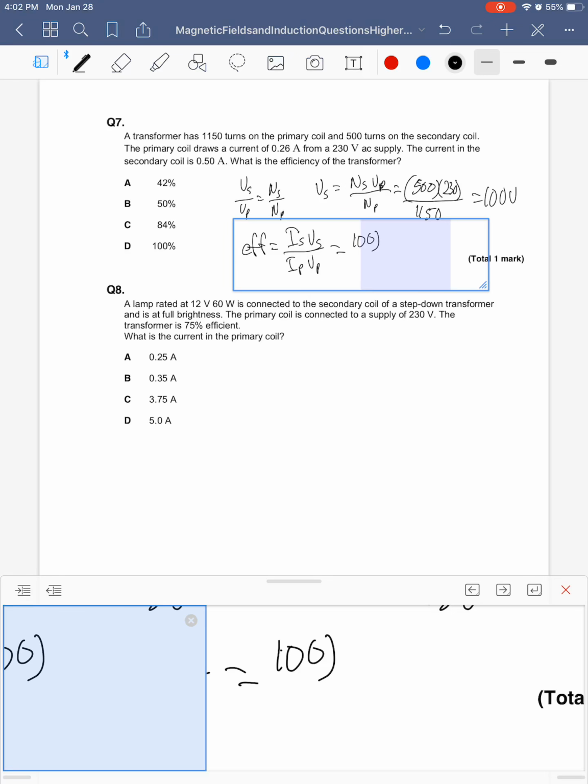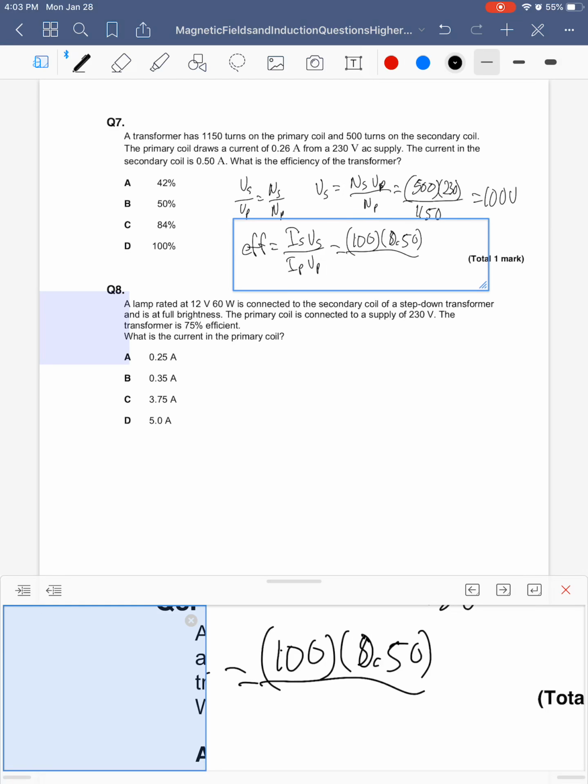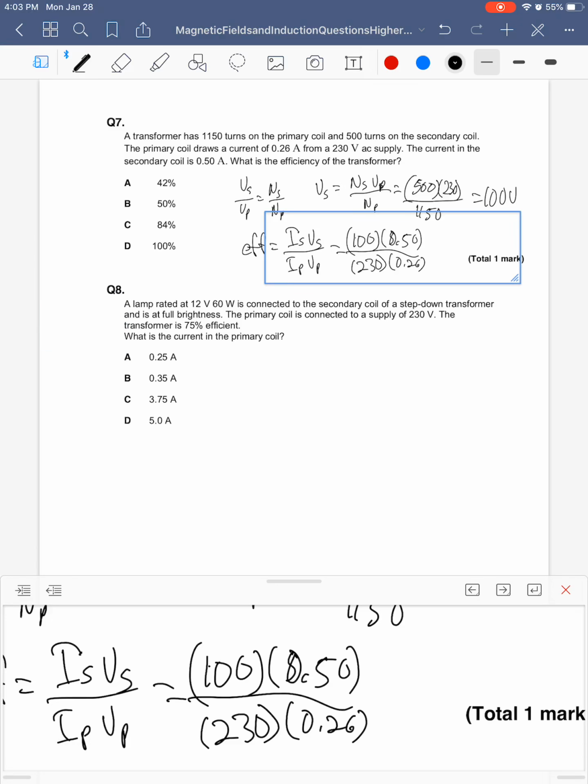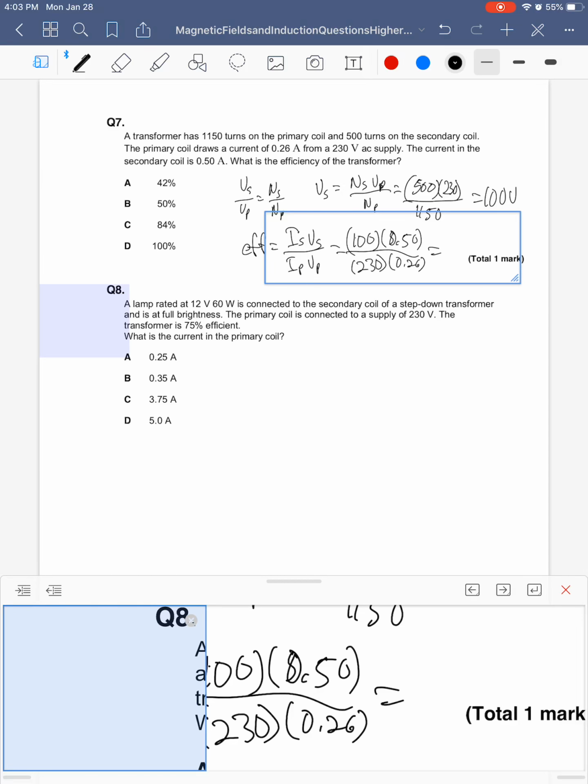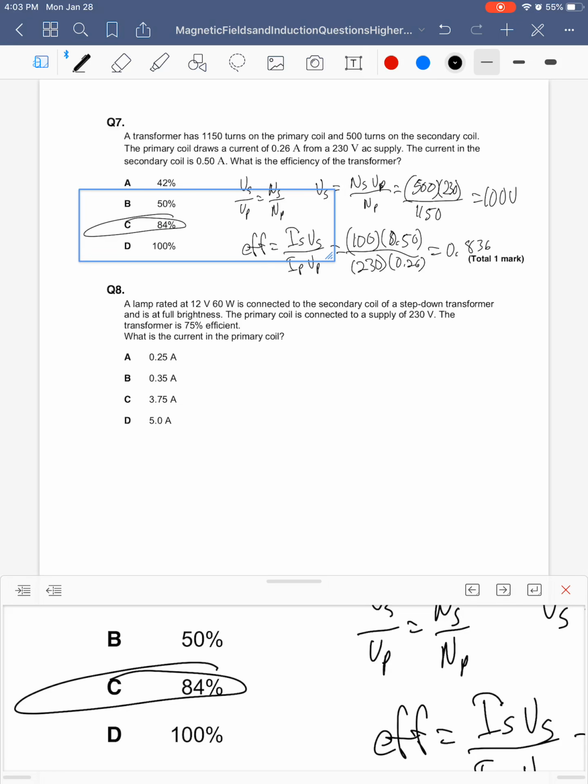So 100 times 0.5 divided by 230 times 0.26 equals, and I get 0.836, which is 84%.